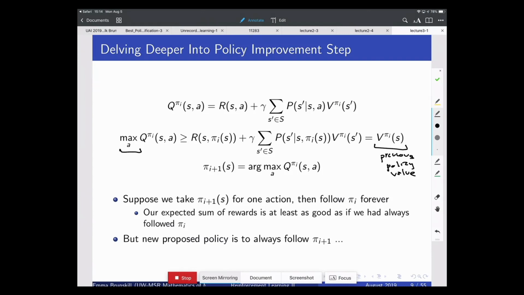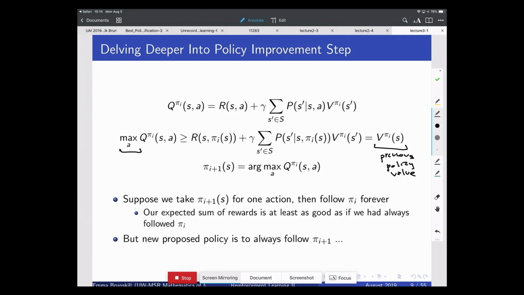The thing that is a little bit subtle, and I will skip it for now in the interest of time, though I'm happy to talk about it afterwards, is that this is a little bit weird, right? Because we're going to get this new policy that is not going to just take that action once and then follow pi_i from then onwards. So what does this statement say?